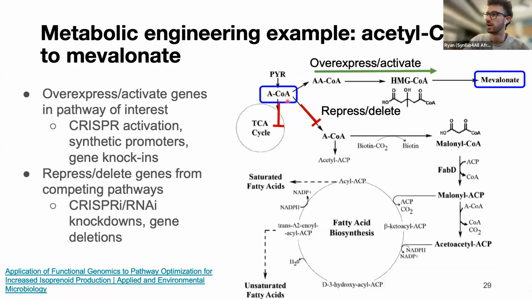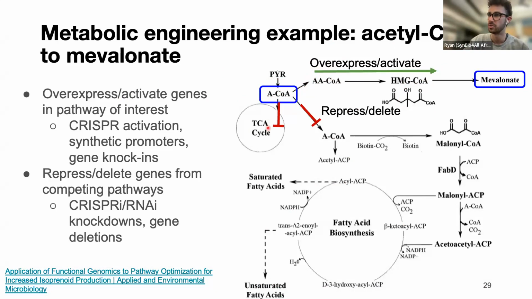You're starting from acetyl-CoA here, and you want to go through this pathway to mevalonate. So you want to overexpress or activate genes that are in this pathway, going through these two intermediates. So this is 3 steps, 1, 2, 3, and 2 different intermediates.